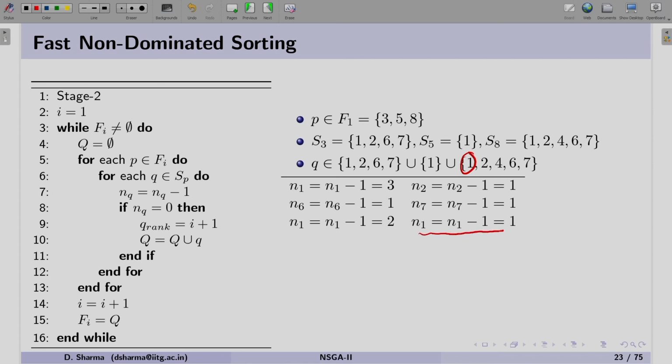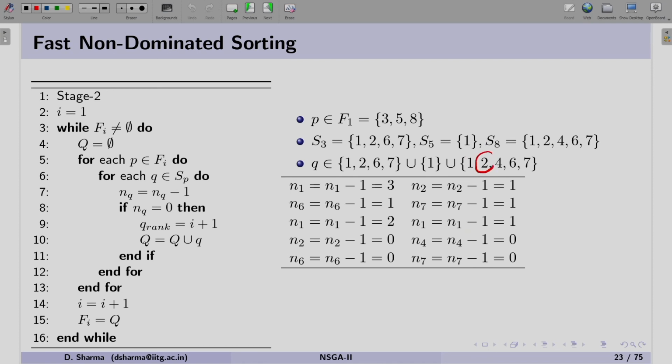So, the N1 value is updated to 1 now. Now, we will take solution number 2. If we take 2, we get N2 equals to 0. Then we will take 4, N4 is equal to 0. Thereafter, we will take solution 6, N6 is equal to 0, and finally, solution number 7. So, that is also 0.